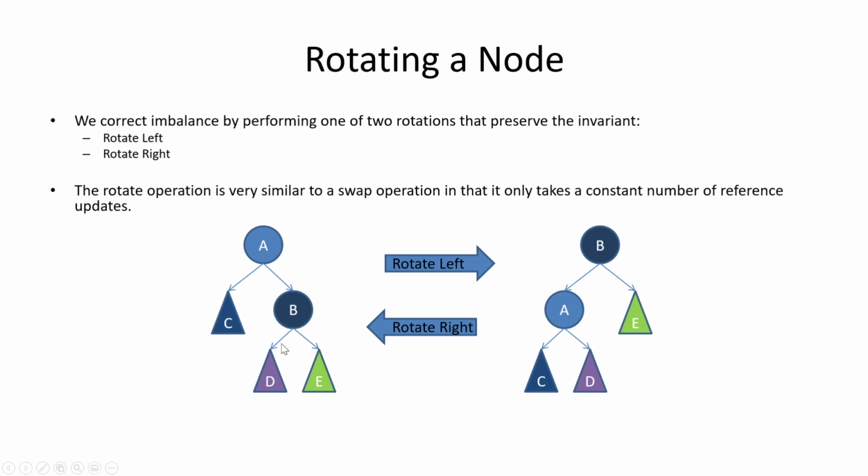Okay, but it's also the left child of B. And to be the left child or left subtree of B, that means all the elements in D must be less than B. So that means D, being where it is in this drawing, the subtree that it is, means it must be greater than A and less than B. And since we know that B is greater than A, that means all the numbers in D must be between A and B. They're between them.